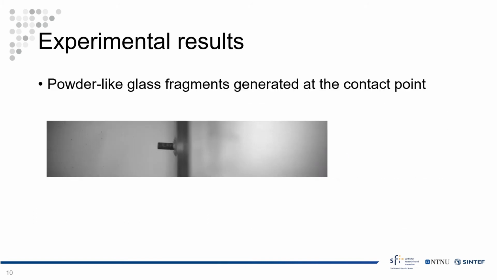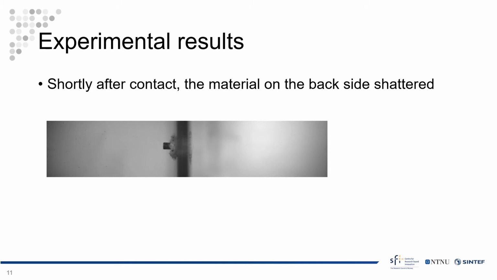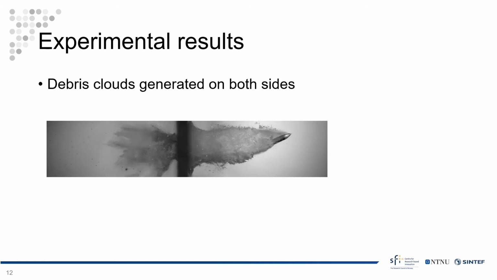In these experiments, we observed a lot of different mechanisms. First, we got very fine powder-like glass fragments at the contact points. Then, shortly after, about 20 to 40 microseconds, the glass shattered at the backside of the glass plate.